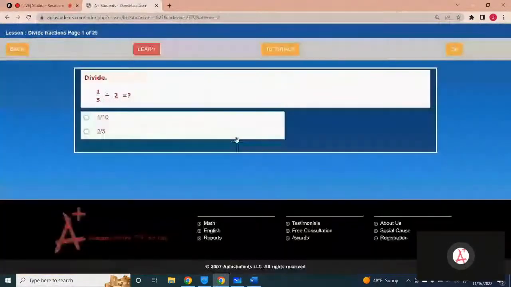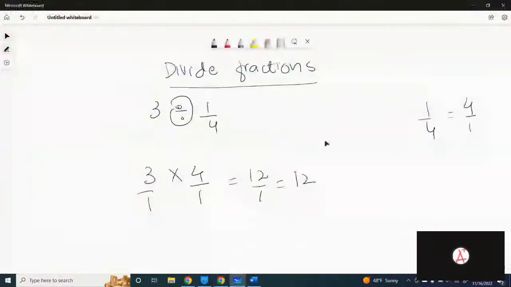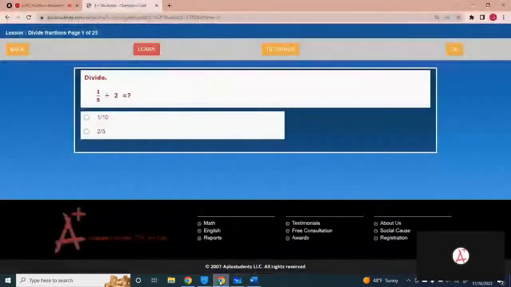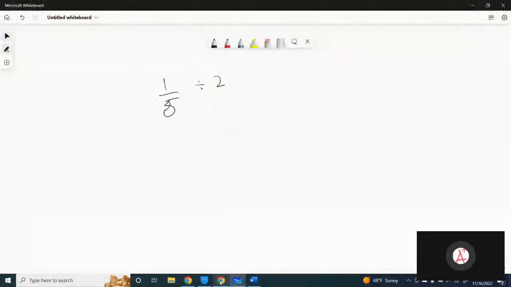Okay, the first one is 1 by 5 divided by 2. Okay, so you have to change the division sign to the multiplication one. Replace the division sign with multiplication and then take the reciprocal of the term right after the division sign. So the reciprocal of 2 by 1 is 1 over 2.